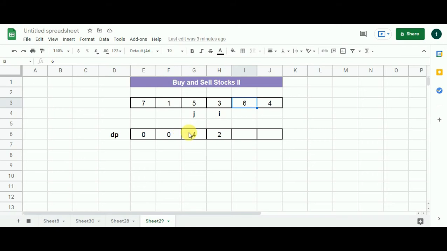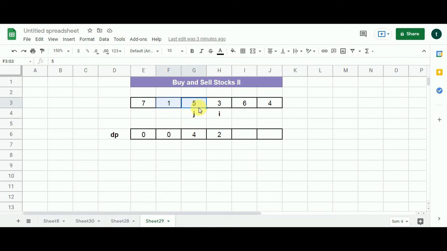Check that the previous subproblem has 4 as the profit, which is greater than 2, which is the profit of the existing subproblem. We can buy on one day and sell on any subsequent day. So in the case of the previous subproblem, we bought at 1 and sold it at 5. In this subproblem, we bought at 1 and sold it at 3. Which one out of these two would you prefer?